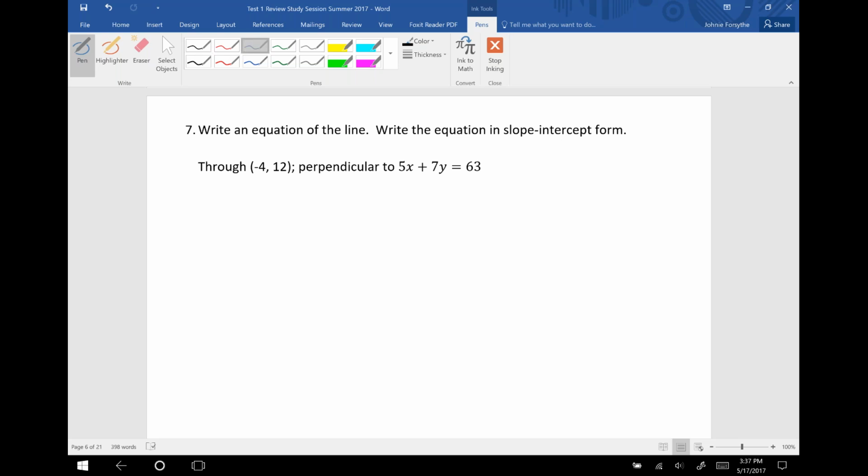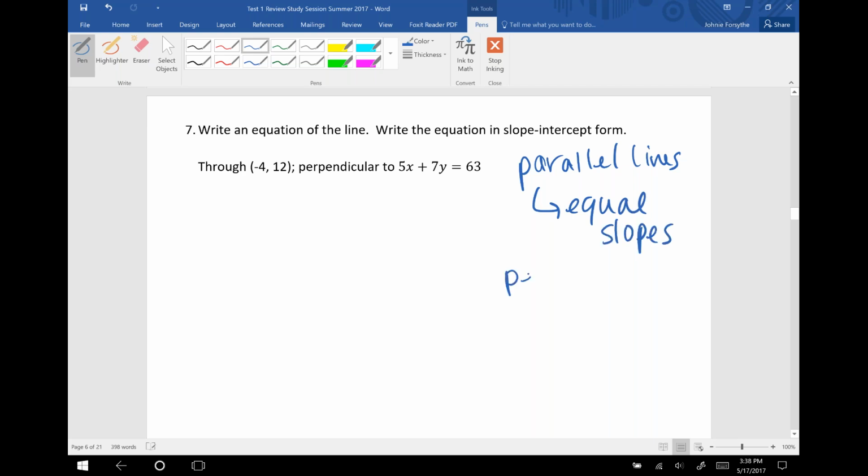So remember, parallel lines have equal or the same slopes. Perpendicular lines have what's called opposite reciprocal slopes.